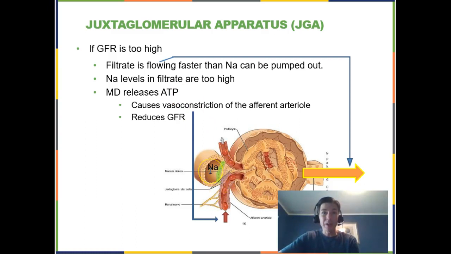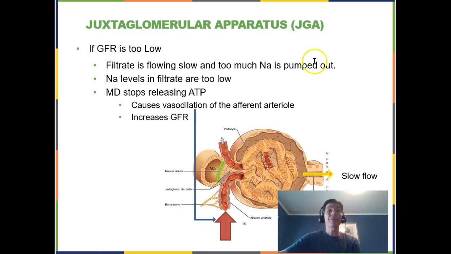If there's a lot of sodium in your distal convoluted tubule, it releases ATP, and that is going to cause your afferent arteriole to constrict, and that will reduce the blood flow into your afferent arteriole. So if too much is coming out here, that's what my big goofy arrow is supposed to mean. You get vasoconstriction, so less goes in here. And then if you have less going in here, you have less coming out there, so that you can properly match your filtration rate to your filtrate processing speed.